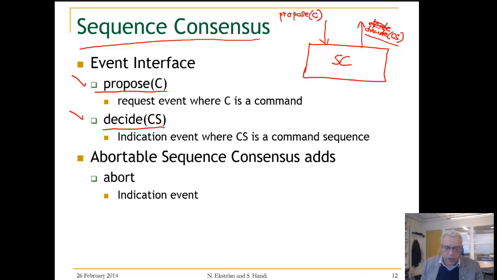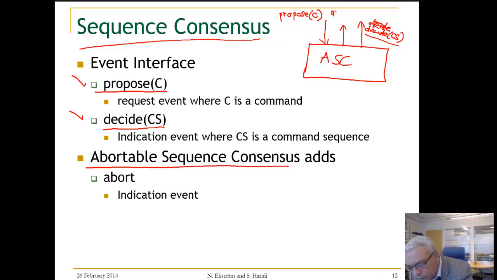And what we are going to do, mainly in this lecture, is talk about abortable sequence consensus, which also has another event called abort. Abort says we did not succeed in proposing a value. That's also an output or indication event.